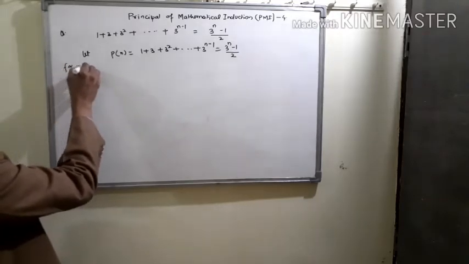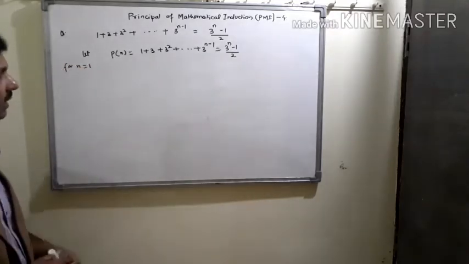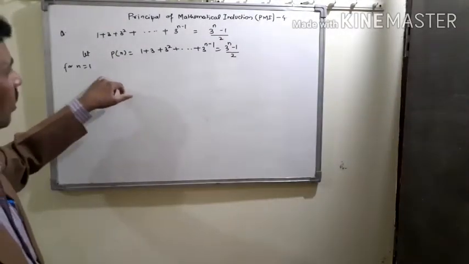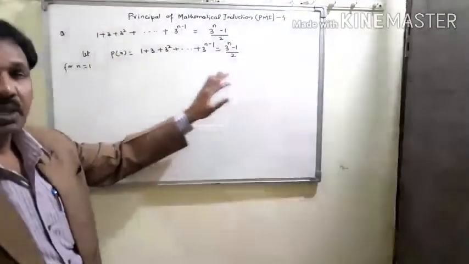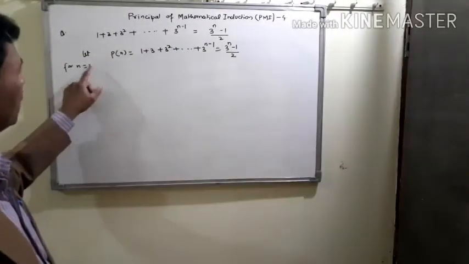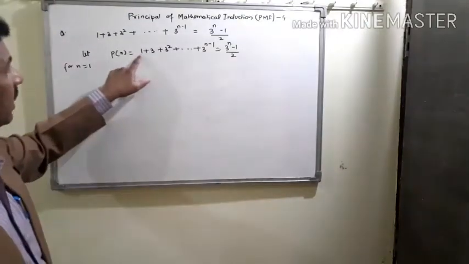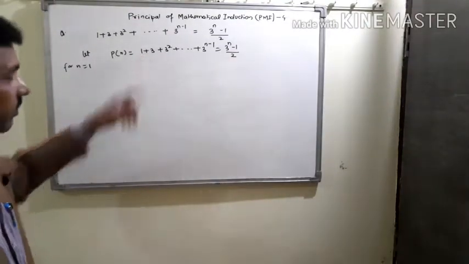For n = 1, first we check whether this is true or not. If we put n = 1, then we take only one term from the left side, that means the first term.